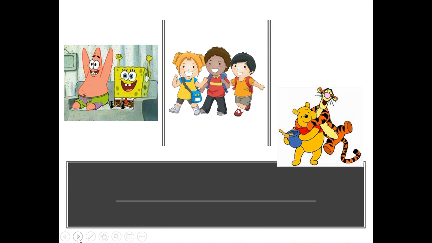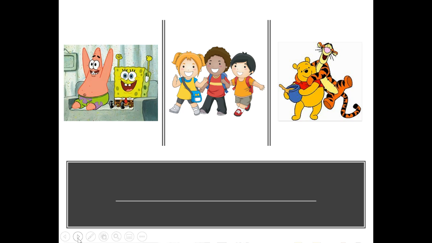Next group of pictures, what do you notice or see? I notice or I see. Well, in the first picture, I notice SpongeBob and Patrick Star.